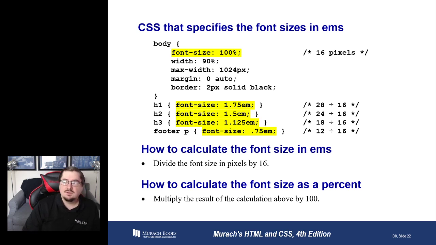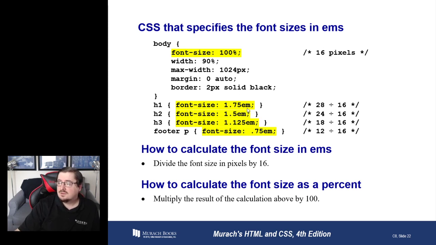So that's one of the big benefits of switching over to relative units from fixed units. Then we can just tweak one number, the font size of the body or the font size of the HTML, and that increases and decreases the font size across the entire website. That doesn't happen if you're using pixels everywhere.